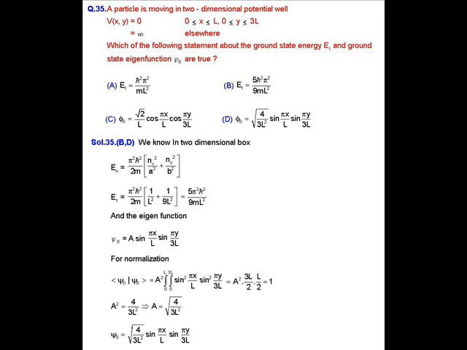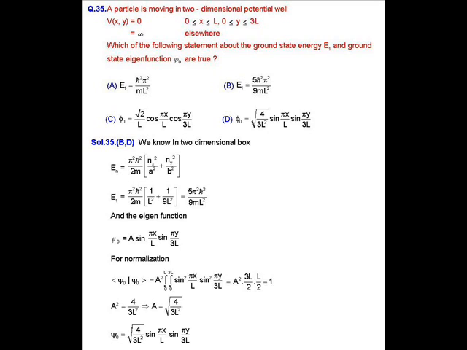So first of all, we know that in a two-dimensional box, the energy eigenvalue En equals pi square h cut square divided by 2m, in bracket nx square upon a square plus ny square upon b square, where nx is the number of modes along the x-axis, ny is the number of modes along the y-axis, a is the length of the box along the x-axis, and b is the length along the y-axis.